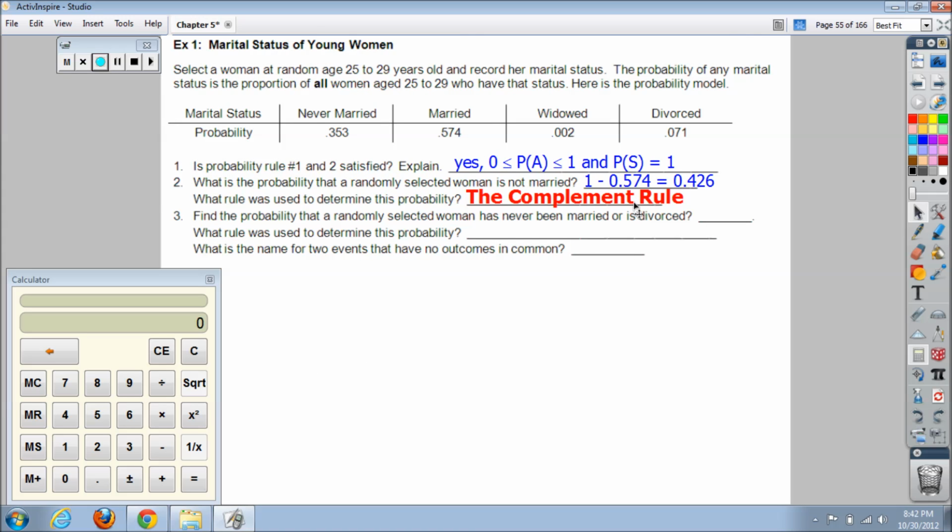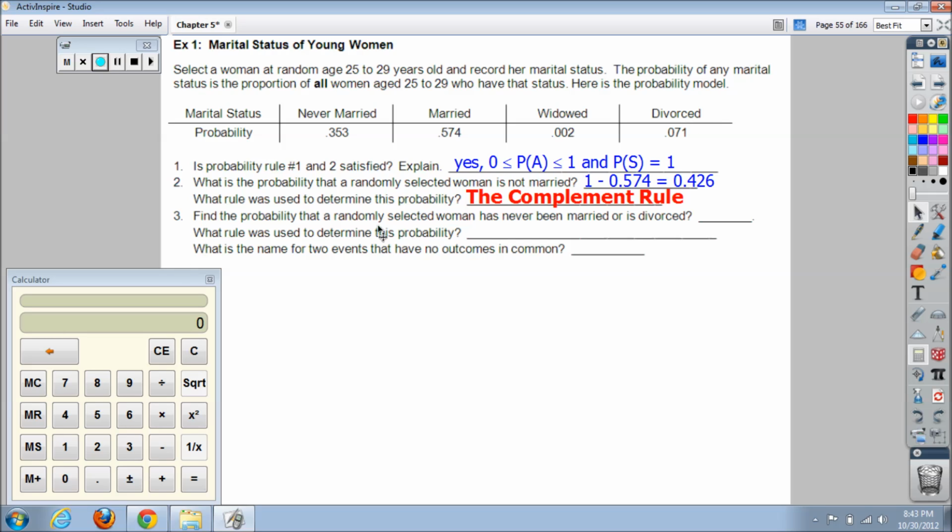The reason why it's called the complement rule is because we were talking about an event, married, but we were talking about the complement of that event, not married. So we would take 100%, which is everyone, and subtract away the one event we did not want to happen, and that was married people. And whoever's left over are not married, which counts for 3 different events. But all 3 of these types of women are not married.